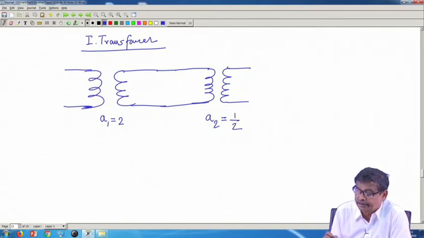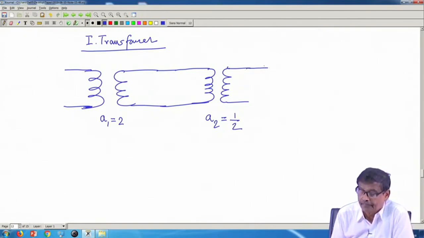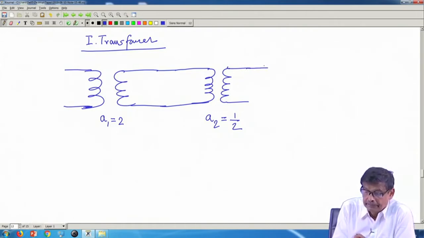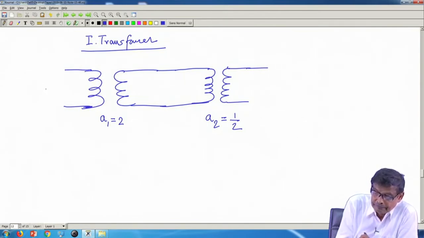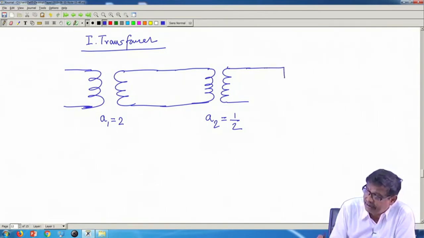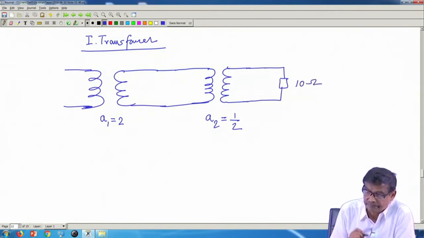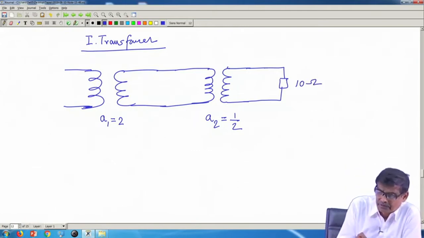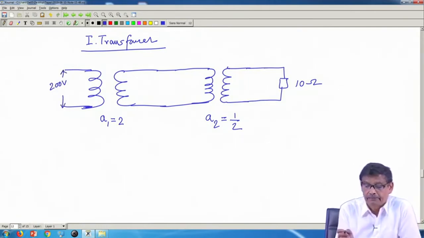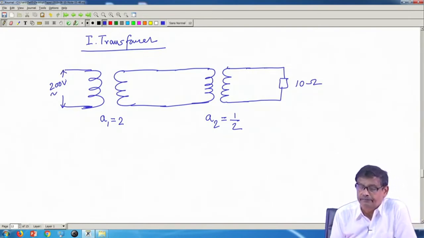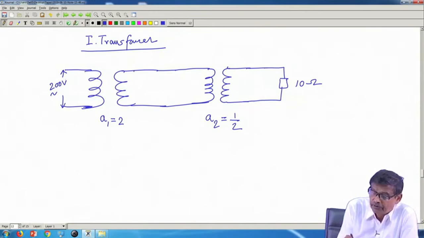Suppose somebody has connected like this. And he has connected an impedance here on this side, 10 ohm, and suppose you have connected a 200 volt 50 hertz source here, 200 volt AC RMS. Tell me what is the voltage here?